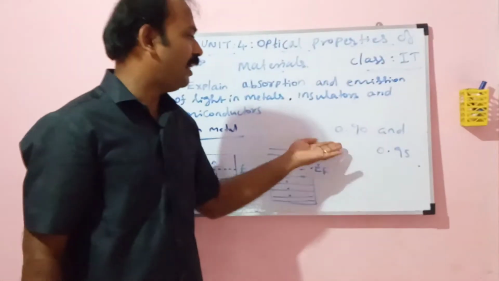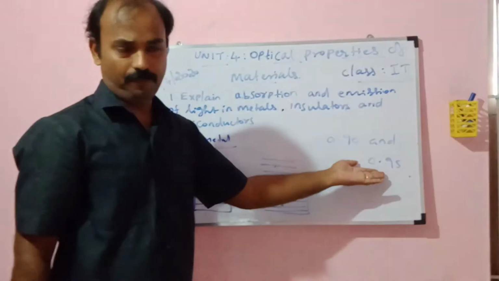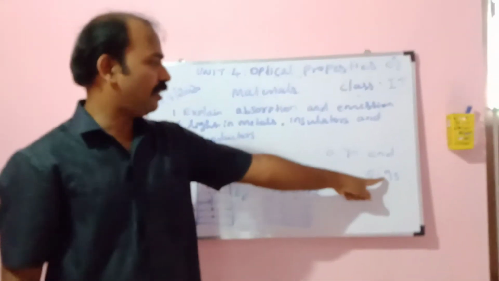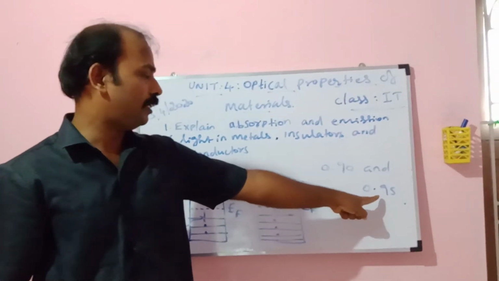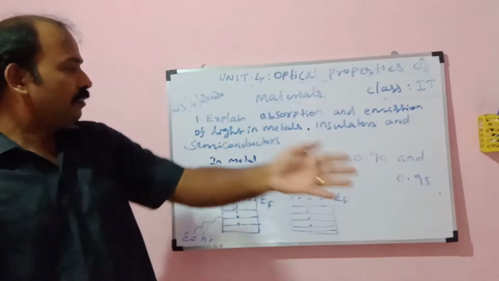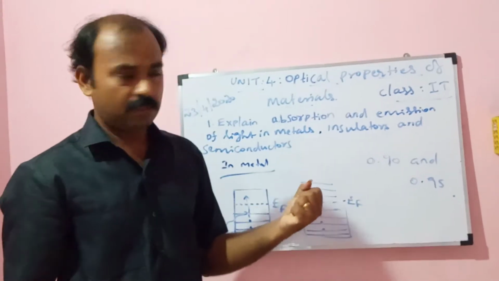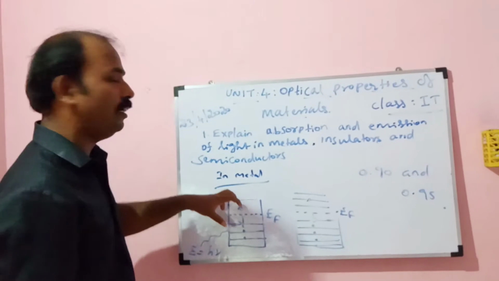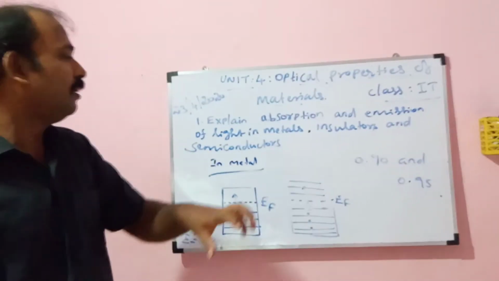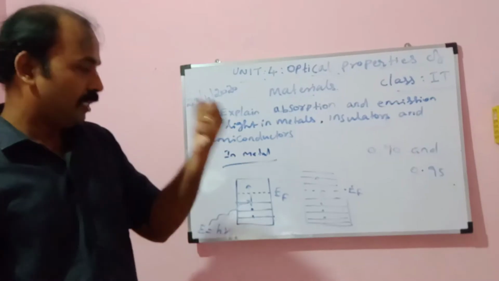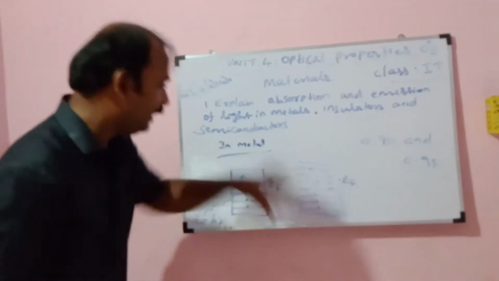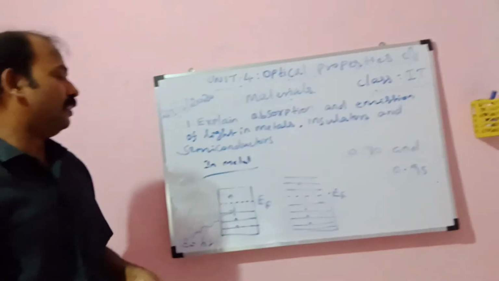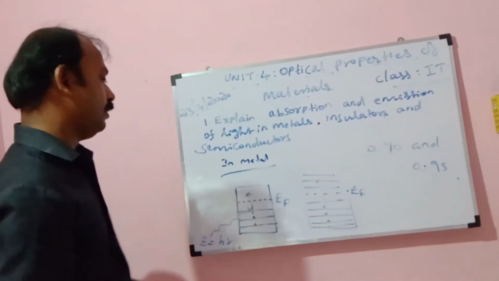A high reflectivity material is like aluminium, whose reflectivity is high, nearly 95% of light is reflected. Some other metals whose reflectivity is less, so that not all the light which falls on this metal is completely reflected back. Some amount is scattered inside this metal after the absorption.